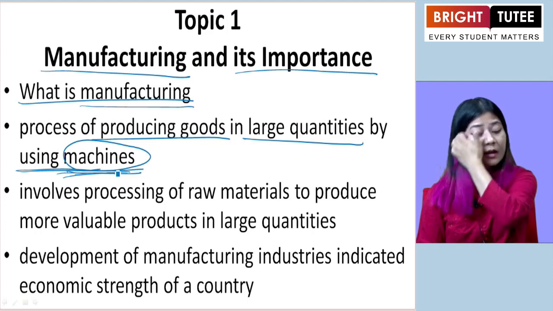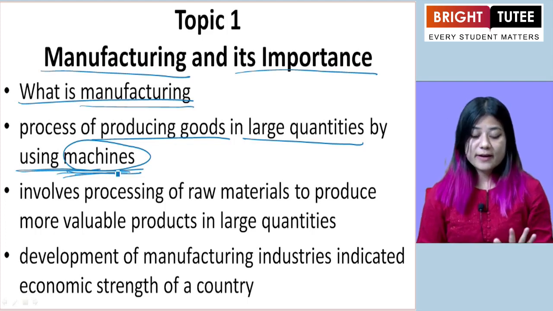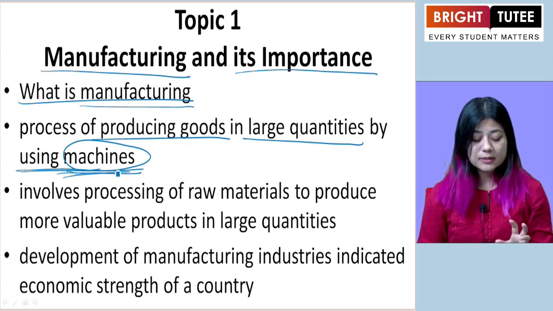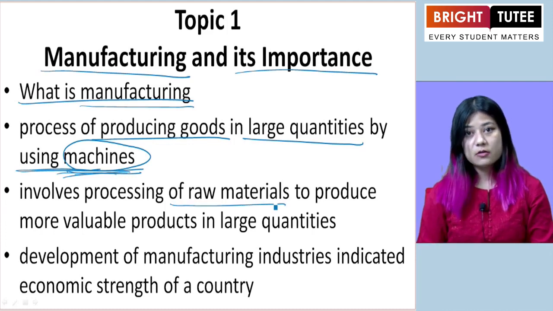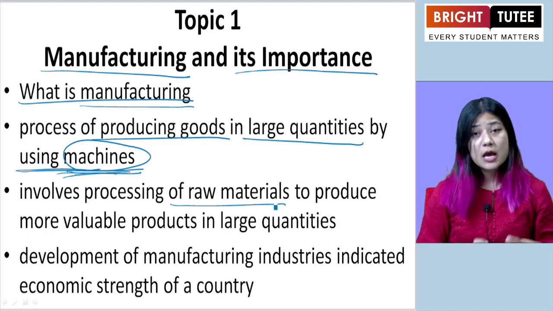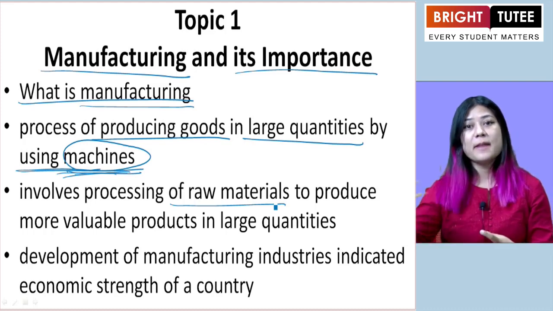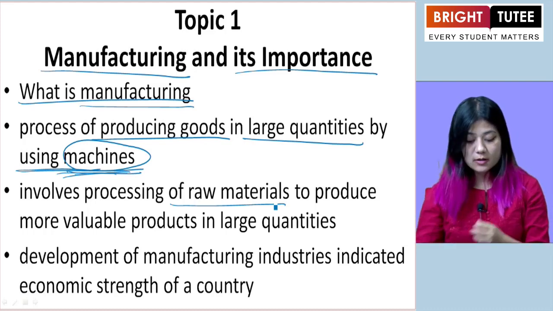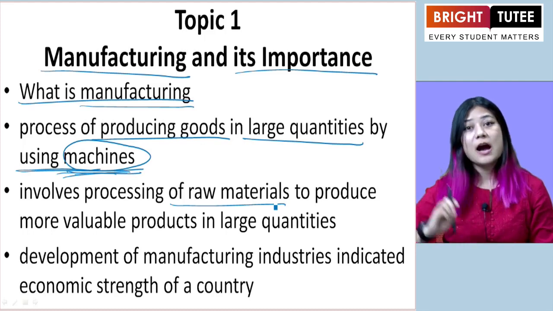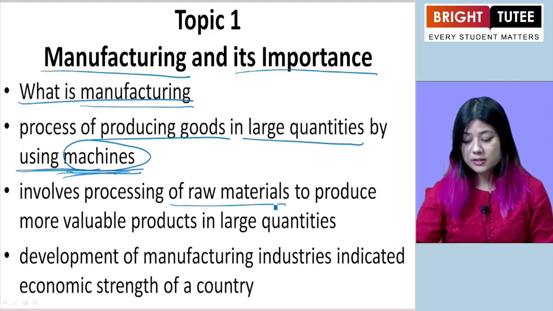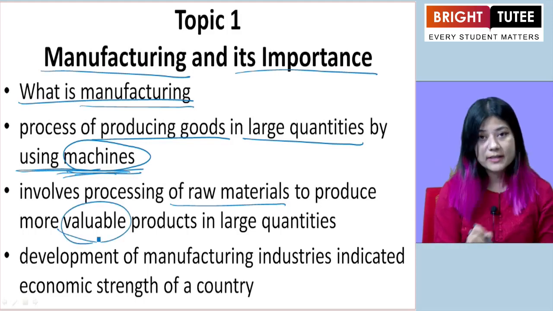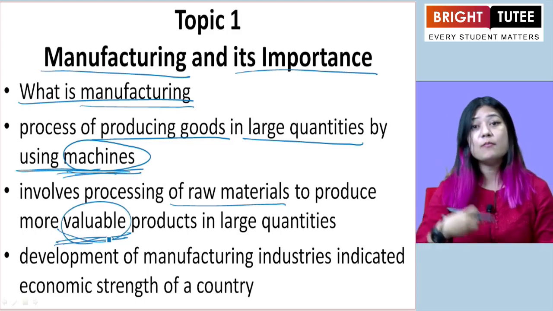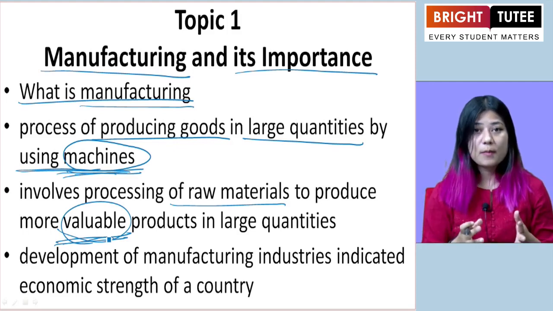Okay. Now this process of manufacturing which we just learned involves the use of raw materials. Raw materials are used by the industries for the manufacture of the products. And the products which are produced, the finished products, the final product, are always more valuable than the raw materials.